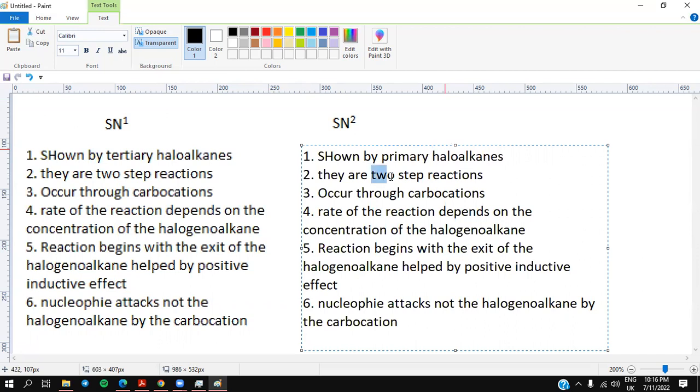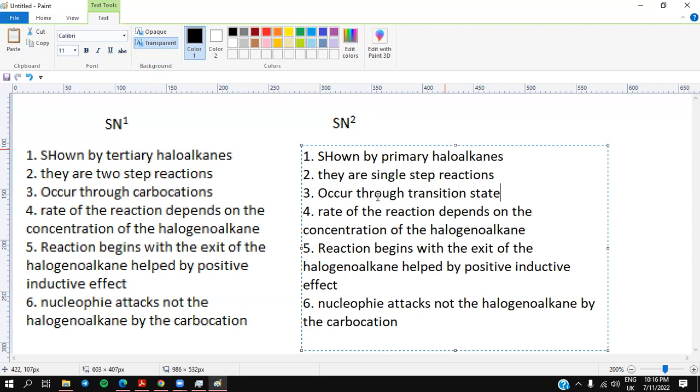They are single step reactions. And these Sn2 reactions occur through transition states.